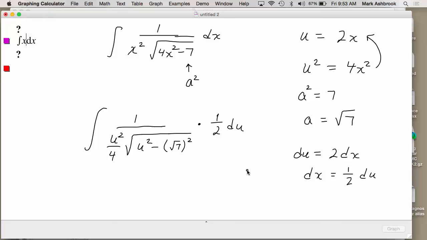We had to get that 4x squared to be a single variable squared in order to apply the table formula. So now we can get rid of this 1/2, and 1/4 in the denominator is really 4 in the numerator with a 1/2, which altogether makes 2. So it's the same as 2 times the integral of 1 over u squared minus radical 7 squared du.